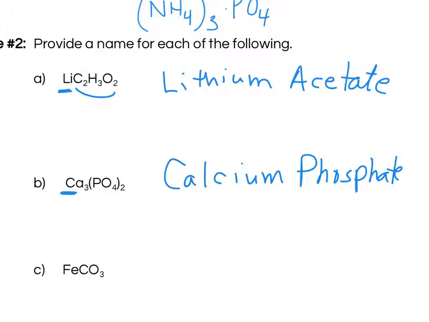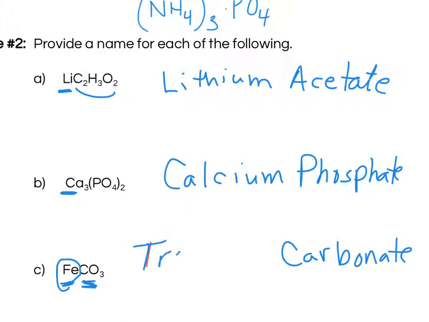Okay, so the next example here, I have iron and I have this thing here. So this thing right here, when I look on my list, is called carbonate. So I'm going to put that over to the side here. And then I'm going to look at my metal. So in this case, it turns out that I have iron and it's a multivalent metal. And so I can't simply name it iron carbonate.